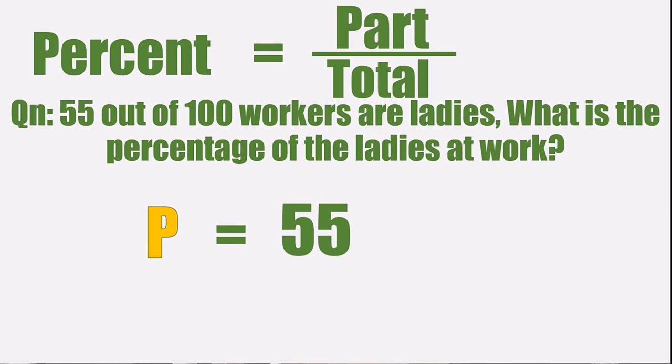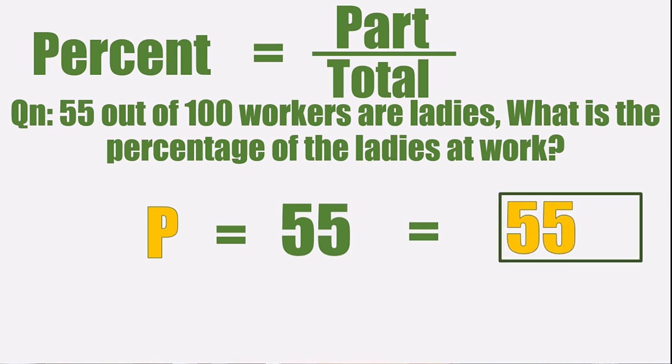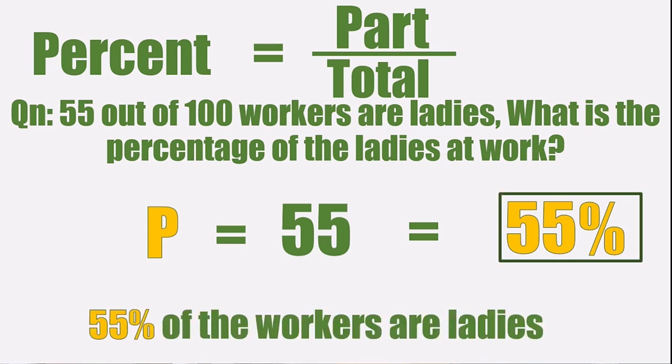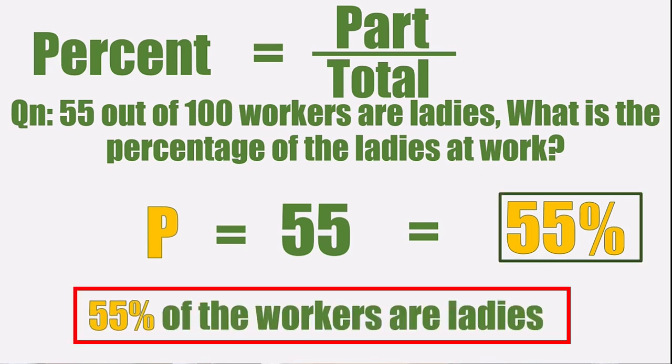Now this P equals 55 is not yet correct. In order to show that this 55 is the percent, we need to add the percent symbol. That 55 is the number of ladies at work, but this 55% is the representation of the number of ladies in every 100 workers. Also, you're allowed to conclude that 55% of the workers are ladies.